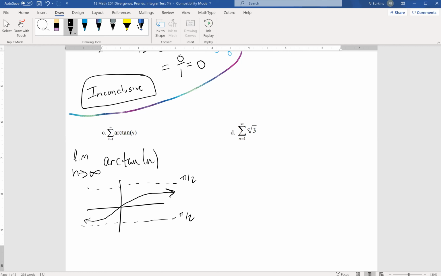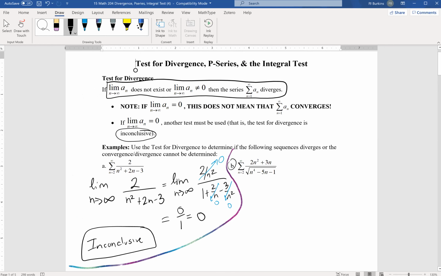Pi over 2. So yeah, as n gets big, right, we would approach this line pi over 2. So if the limit does not exist or gives back some number that is non-zero, the series diverges.